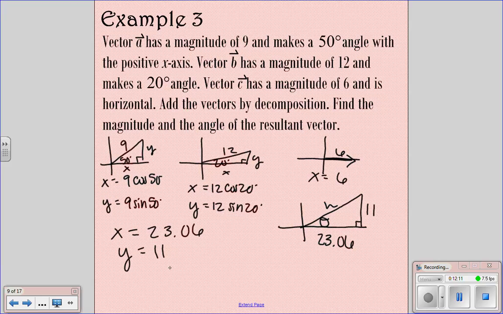So using Pythagorean theorem, your hypotenuse, you should end up with 25.55.